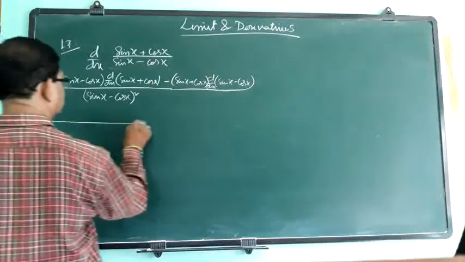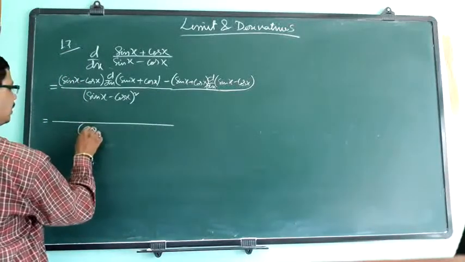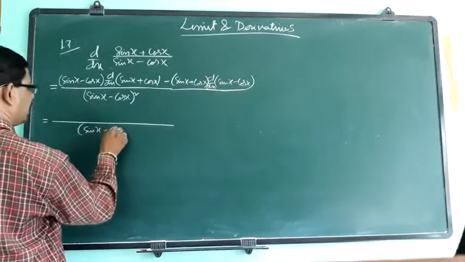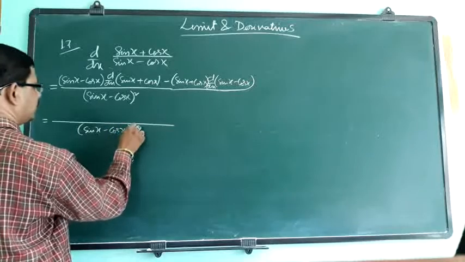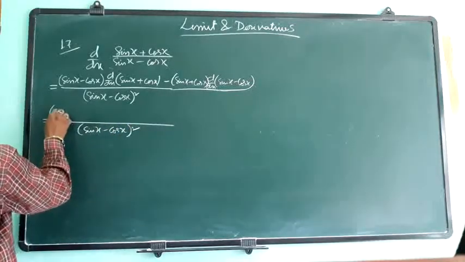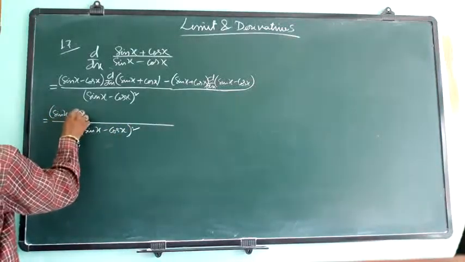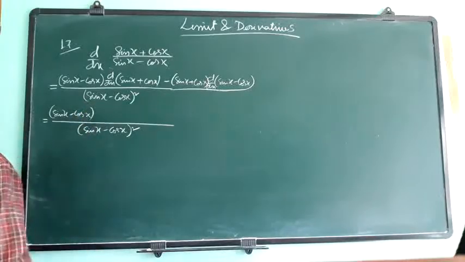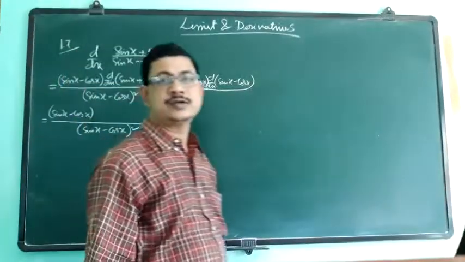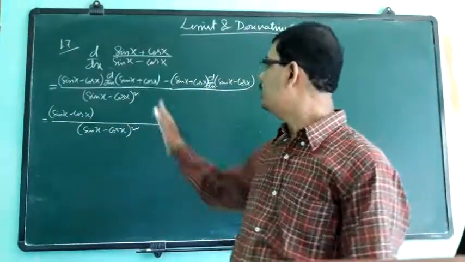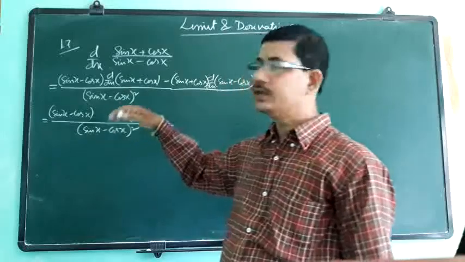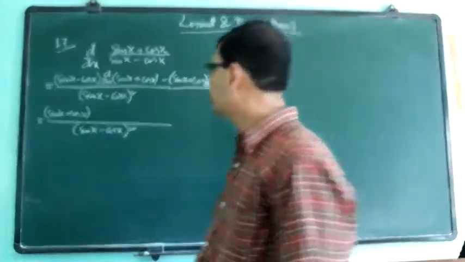Is equal to (sin x - cos x) whole square in the denominator. Numerator: (sin x - cos x). If we differentiate sin x + cos x, d/dx will go first to sin x, then cos x also.